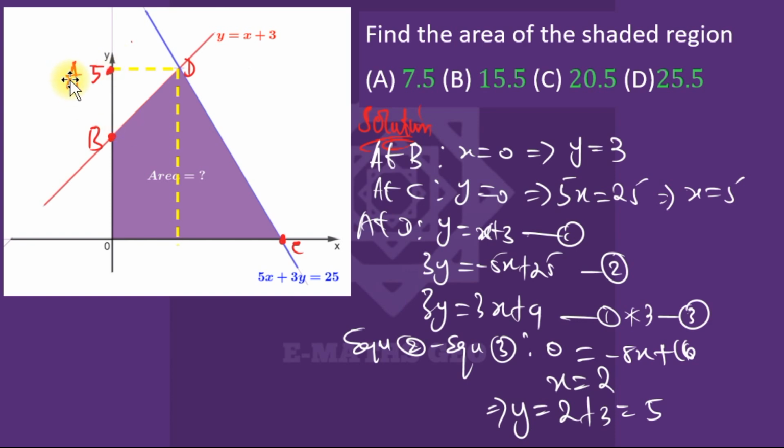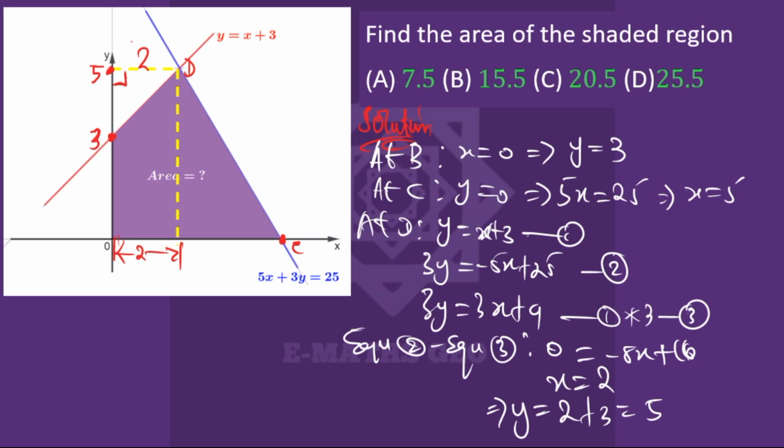Y here is 3. From here to here is 2. So this length is 2, making here to be 2. So you know this angle is 90.